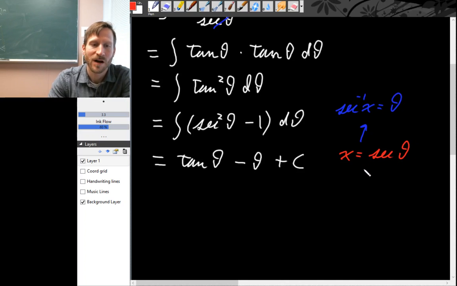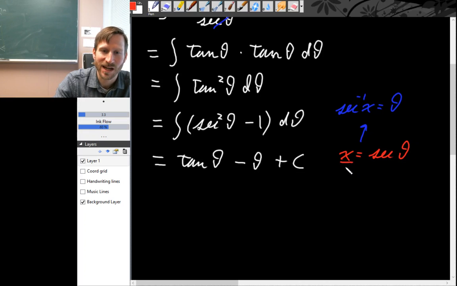To figure out what tangent theta is, let's go down. There are a couple ways to do this. I'm going to use the same triangle trick that we used last time. So secant theta is equal to x. x is really x over 1. So we can put all of this into a right triangle.